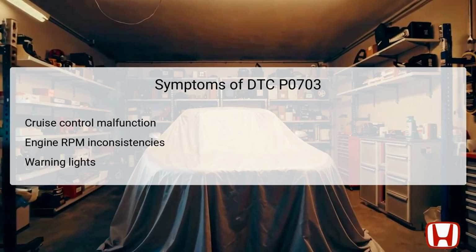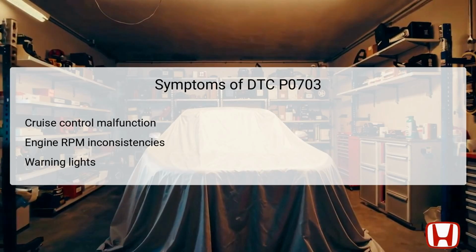Drivers may experience various symptoms associated with DTC P0703. One of the most common is malfunctioning cruise control. If the brake pedal position switch is faulty, the cruise control may deactivate unexpectedly or fail to engage. Another symptom can be fluctuations in engine RPM, as the PCM may not receive the correct signals when the brake pedal is activated, impacting idle speed adjustments.